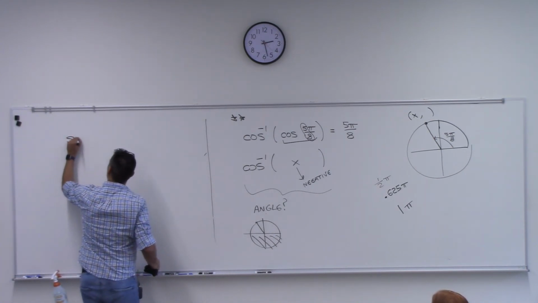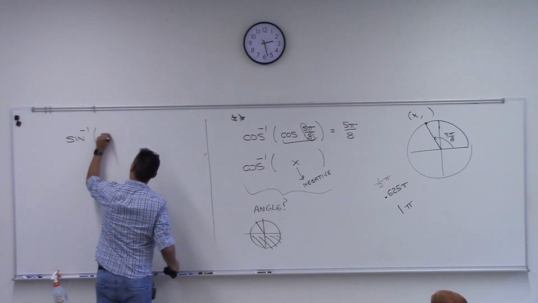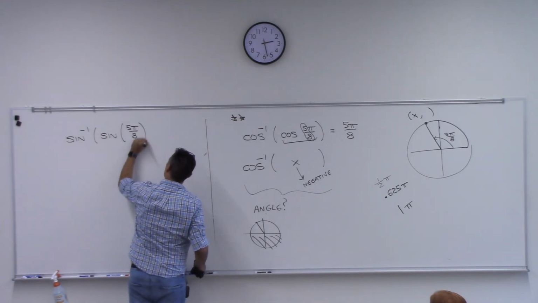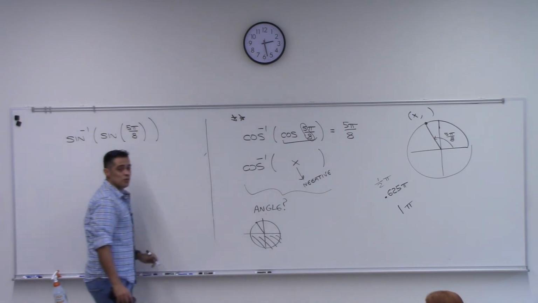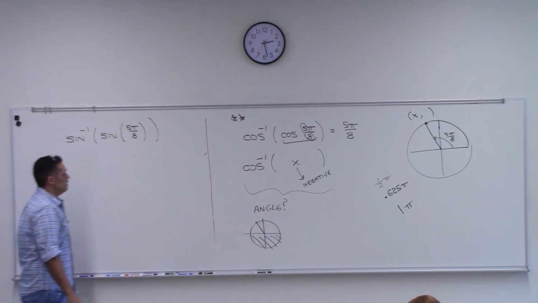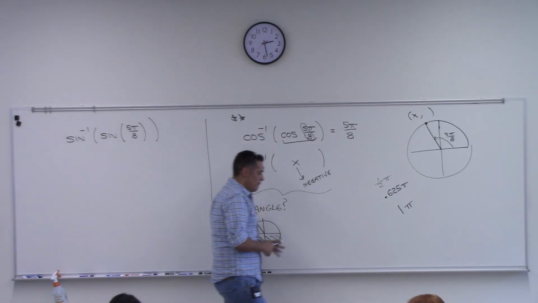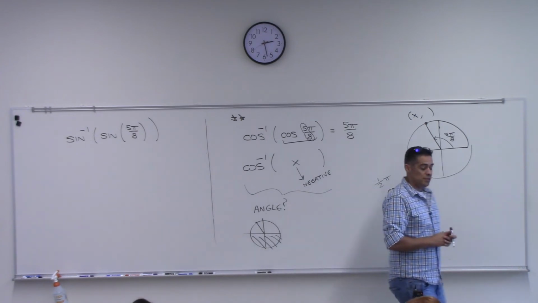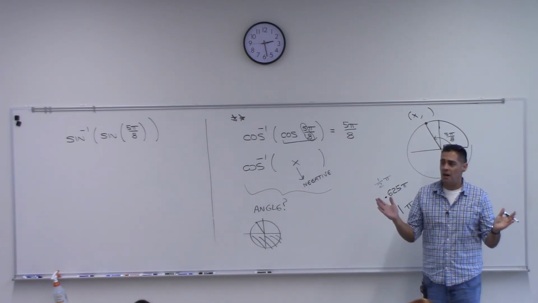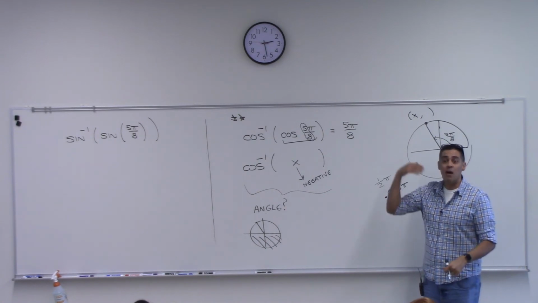So sine inverse of sine of 5 pi over 8. All right, this is usually where the wheels come off for a lot of students, right here, this problem. So the first thing I'm going to do is figure out that 5 pi over 8 is not a common angle, so I've got to figure out where it is.